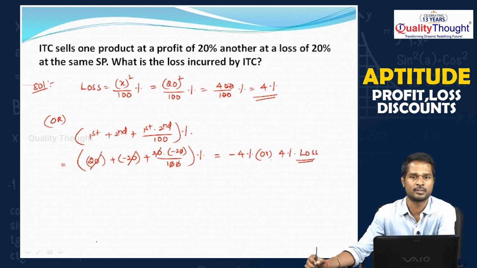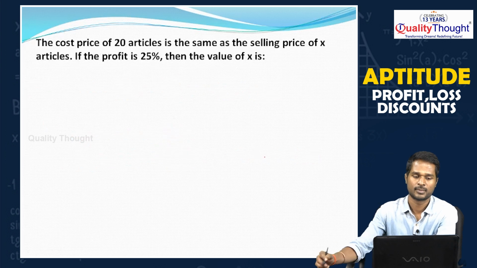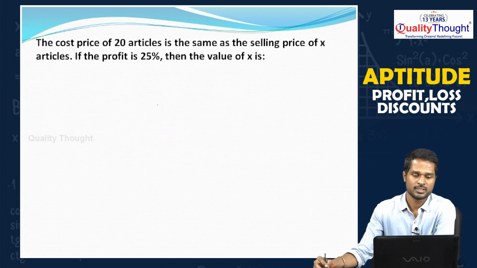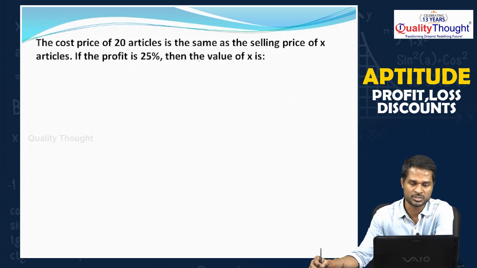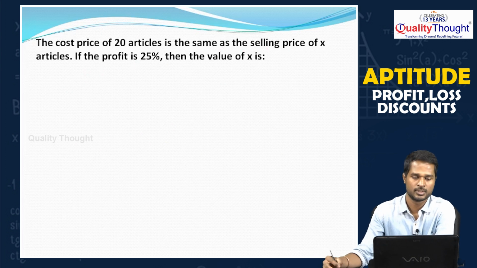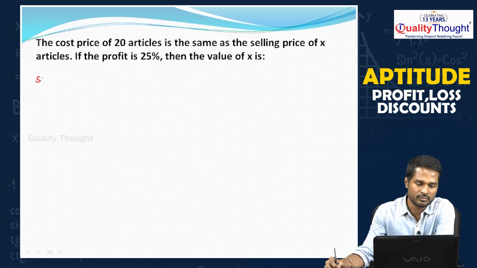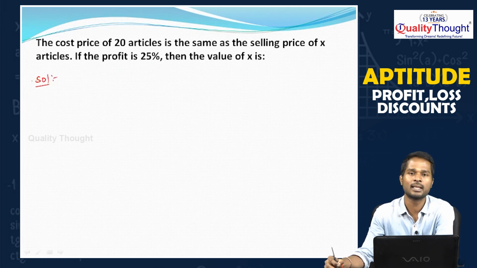So, you can check anything. The question says the cost price of 20 articles is the same as the selling price of X articles. If the profit is 25%, then the value of X is? So, we need to find the variable X value here. Let us write what he has given in the question.